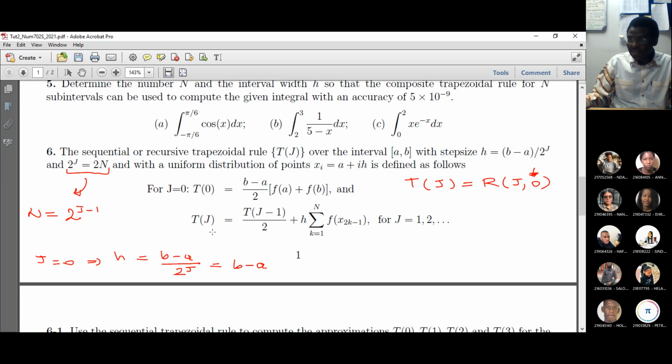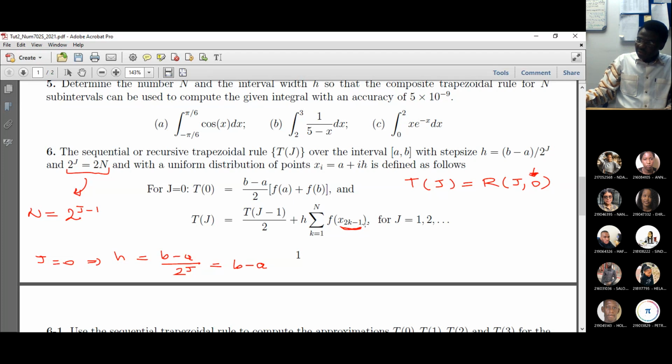So here you sum to half the number of subintervals, which is 2 to the j minus 1.